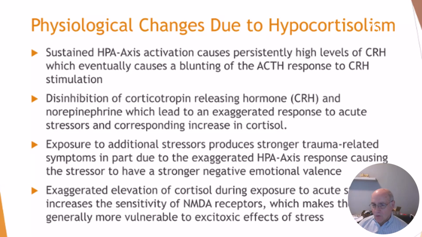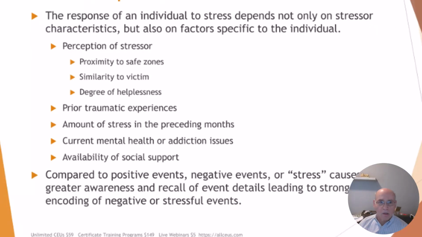So it all comes down to the more the HPA axis is stressed, the more gas, you don't have enough brake, which is the vagus nerve, the parasympathetic end. So exaggerated elevation of cortisol during exposure to acute stress increases the sensitivity of NMDA receptors, which makes you more vulnerable to more stress and more excitatory responses.